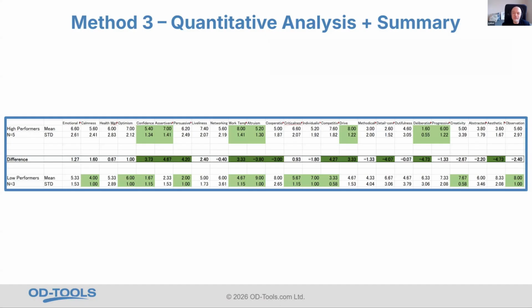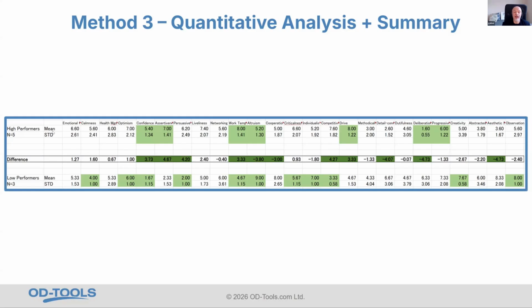So there is a very simple method that you can do quantitative analysis also with few candidates, with few data. So here, the high performance group, we had 5. You can see n equals 5, and low performers, n equals 3.